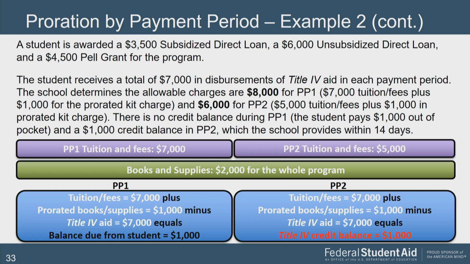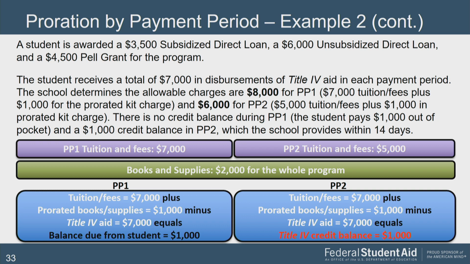Let's take a look at the student's award now for this same example. The student is awarded $3,500 in direct subsidized loan, and they get a $6,000 unsubsidized direct loan, and they get a $4,500 Pell Grant. The student receives a total of $7,000 in disbursements of Title IV aid for each payment period, and the school determines allowable charges are $8,000 for payment period 1.